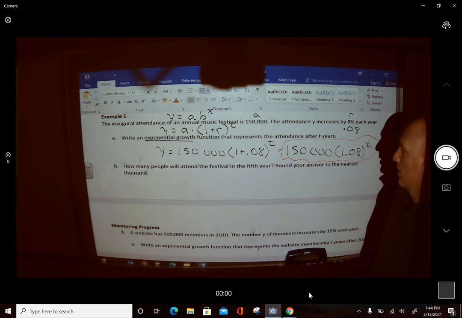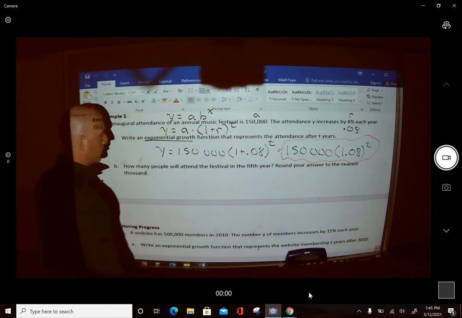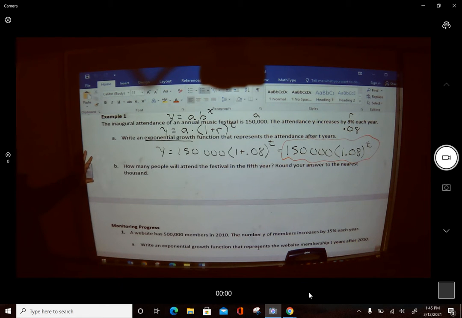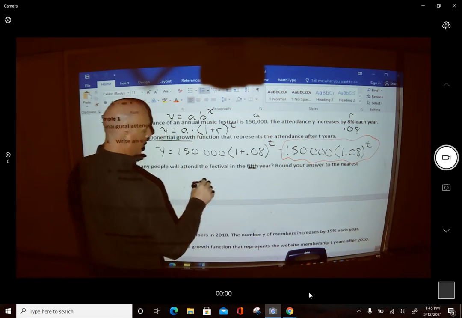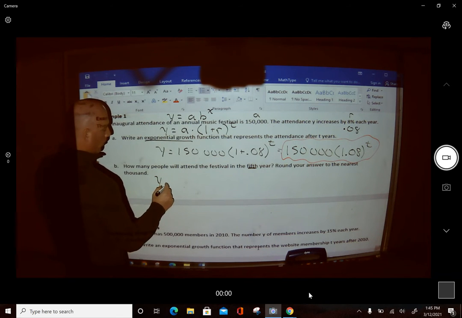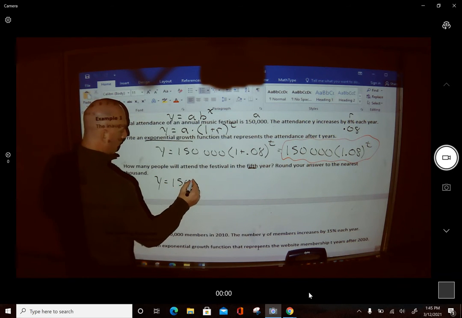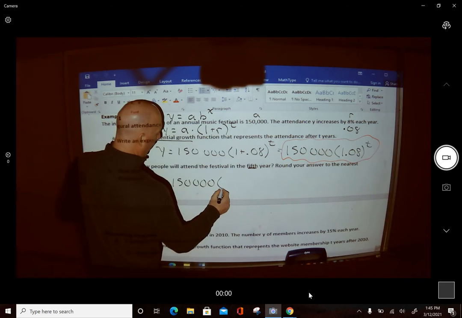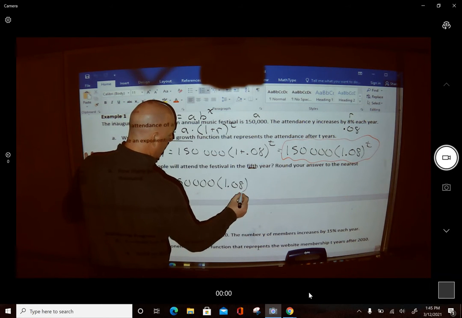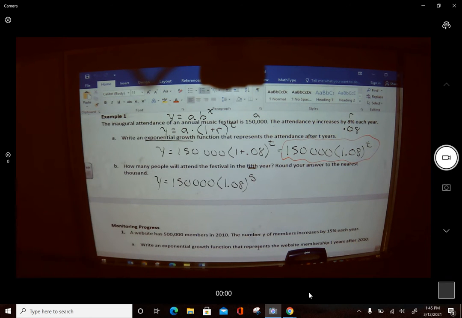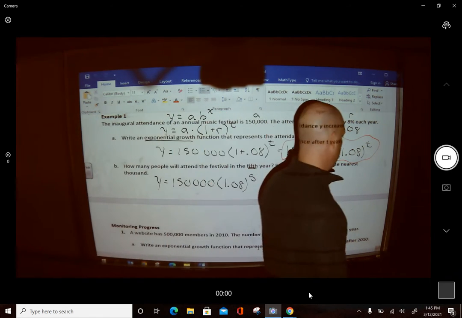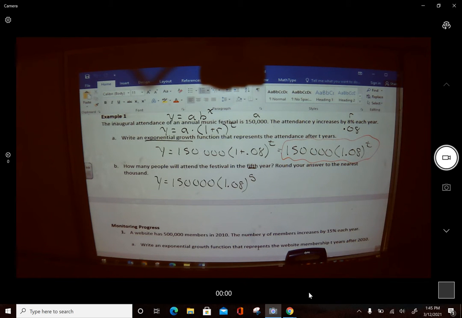Now, how many people will attend the music festival in the 5th year? All we have to do here is plug 5 in for t. So the amount of people y equals 150,000 times 1.08 to the 5th. And when you plug that into your calculator, let me go to Desmos real quick for you.